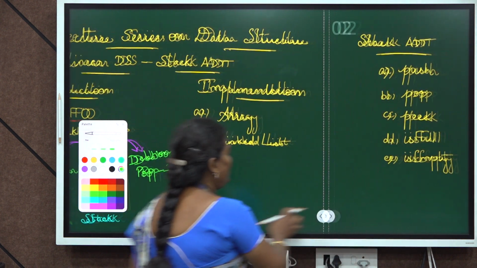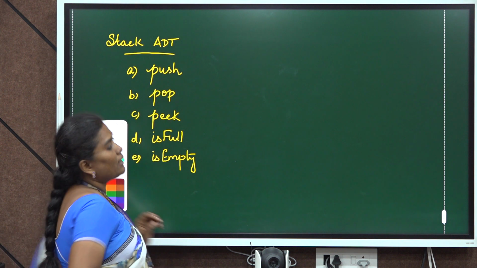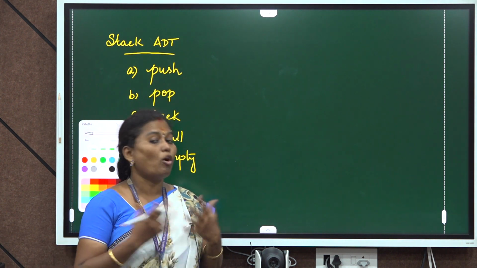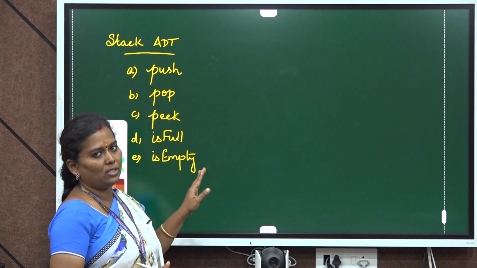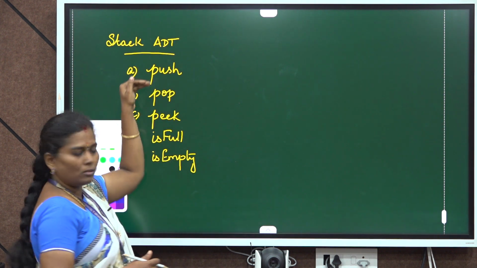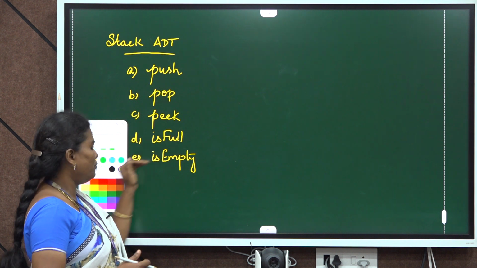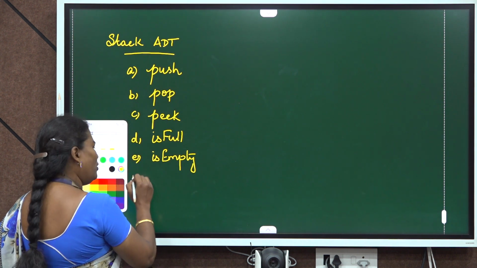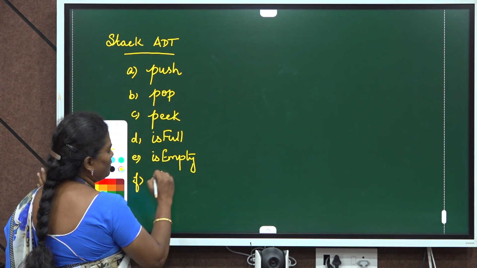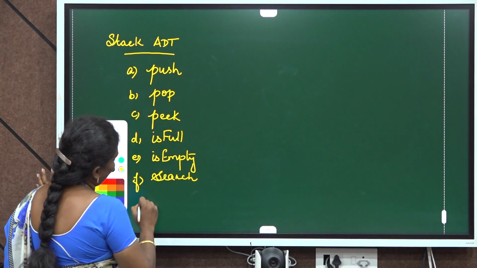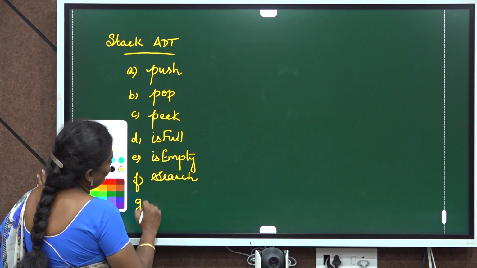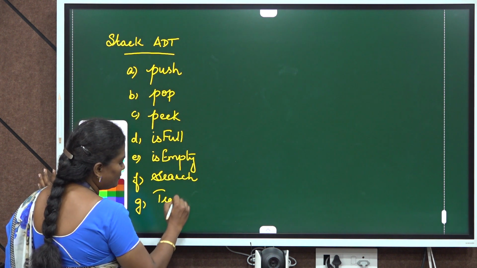Looking into the ADT, that is, the abstract data type of stack, that is, what are the operations that can be done on the stack, we can do a set of operations like push, pop, peek, isFull, isEmpty. We can do search, we can do traverse.